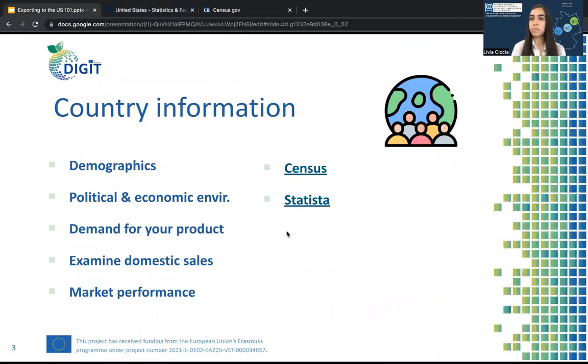Other than the demographics, you should also understand the market that you want to target, and you should examine your products and the demand for your products.